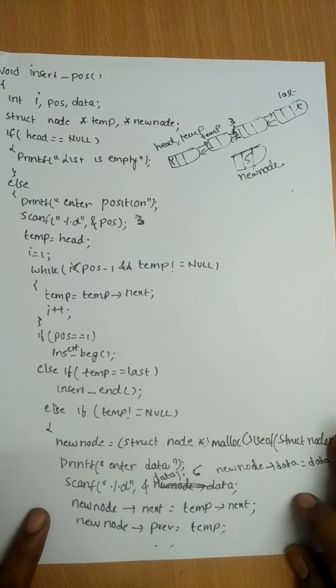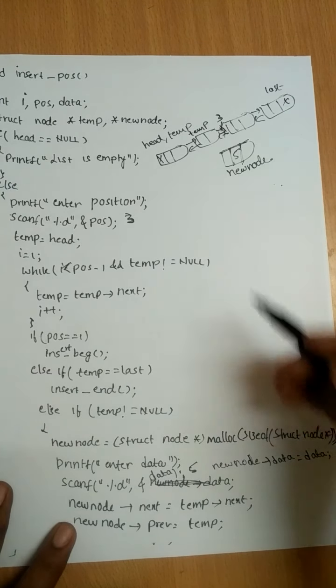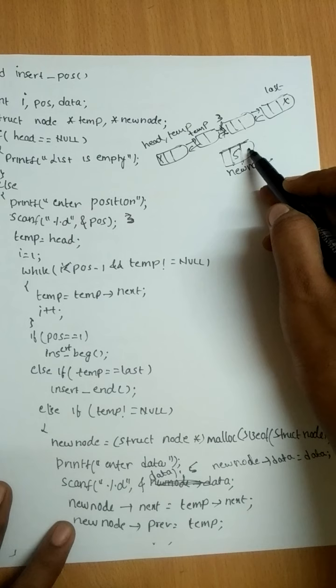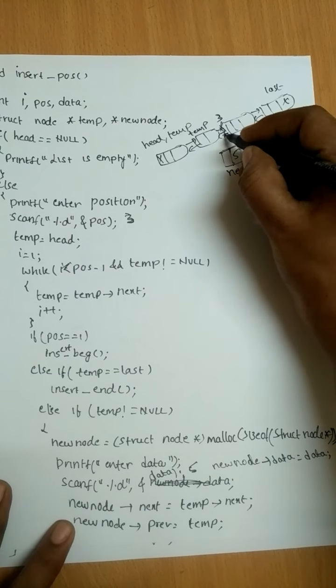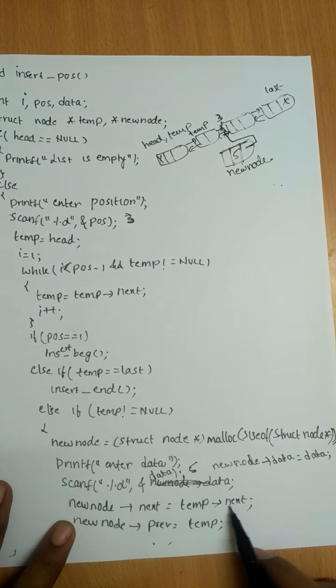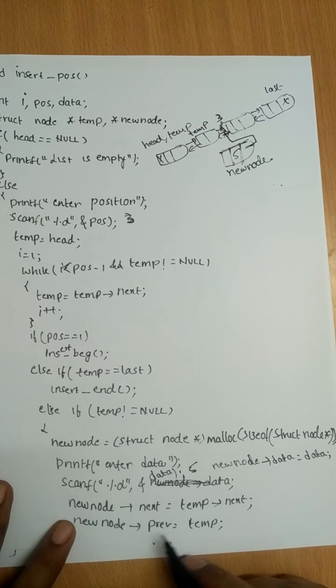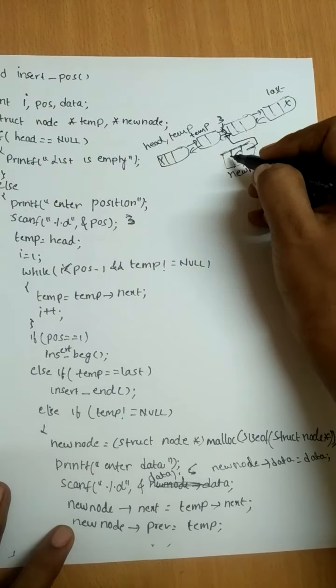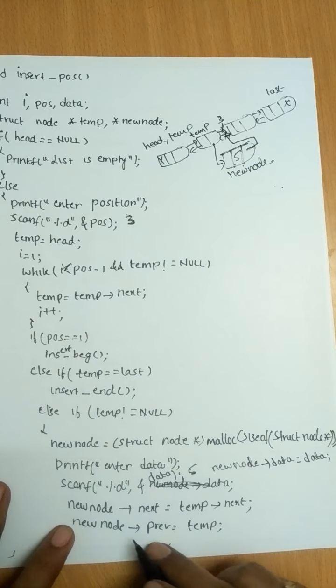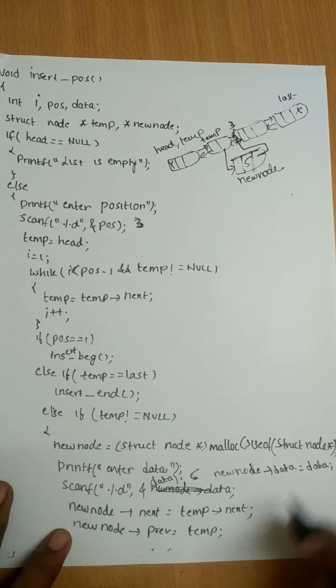For new node of next, what we have to store is temp of next. New node of next equal to temp of next. Next, new node previous: we have to store the temp node address. New node of previous equal to temp.